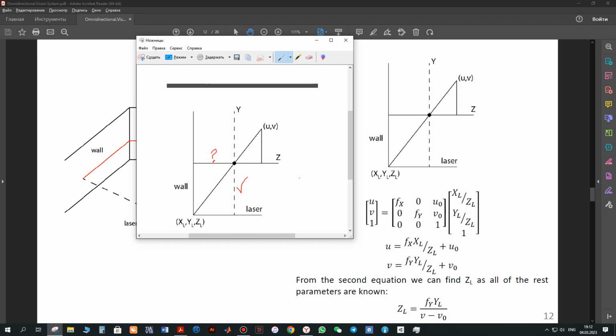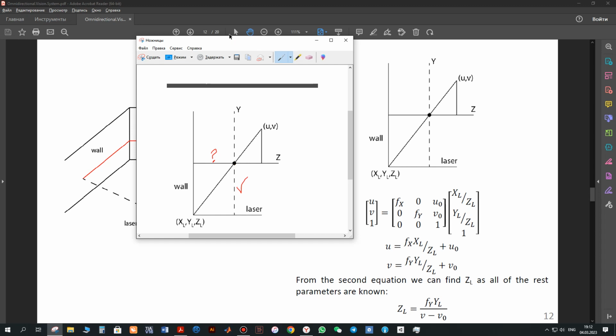So we also can find it from the geometry. Again, our camera model, our equations, and from these equations, this ZL we want to find. So from this equation we can write the ZL, and all this data is known to us. So only this one is unknown. F, Y we can know from the intrinsic camera parameters, from the calibration. YL is this distance.